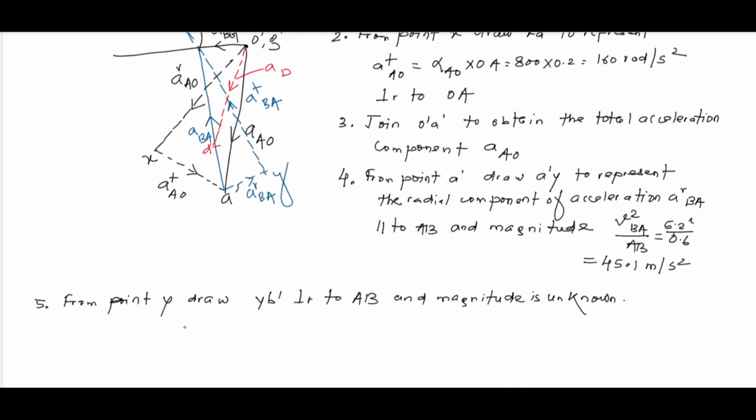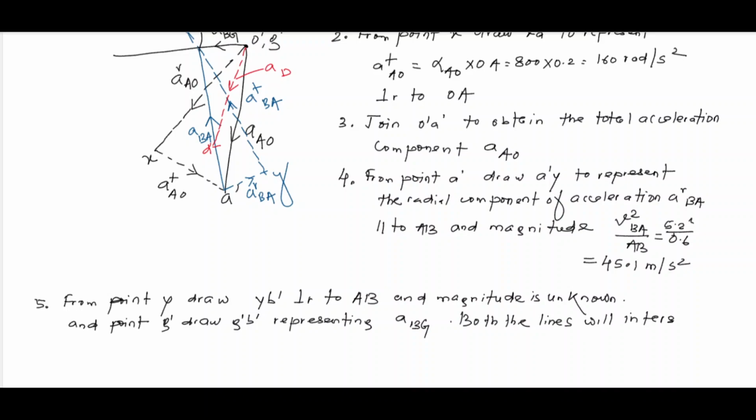And from point G dash draw G dash B dash, representing A B G. Both the lines will intersect at point B dash.